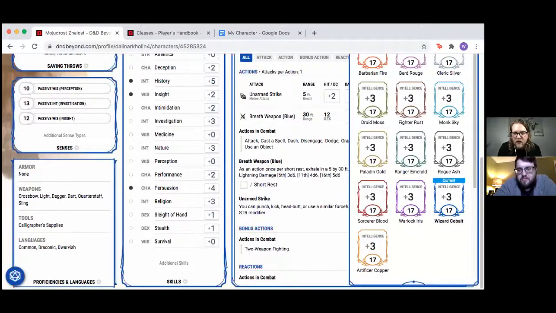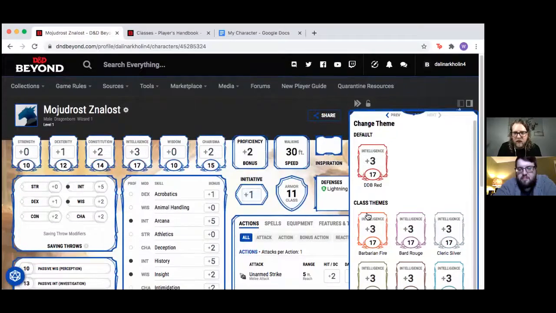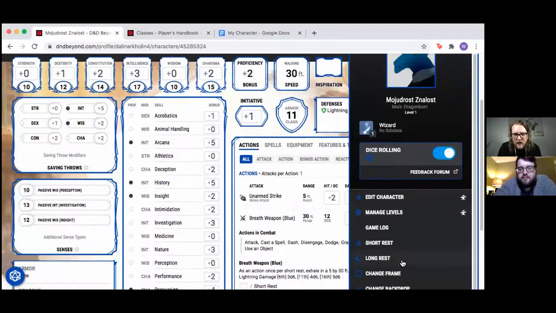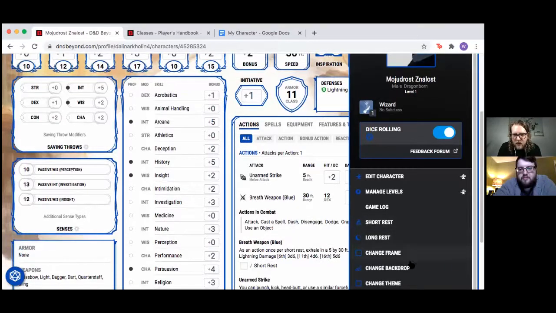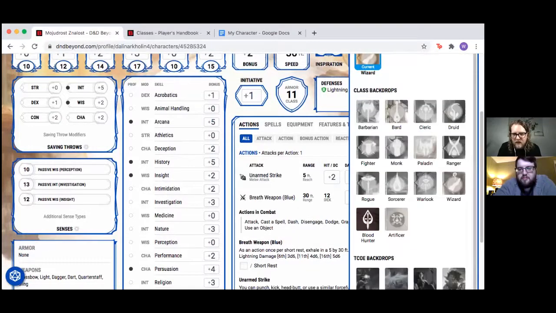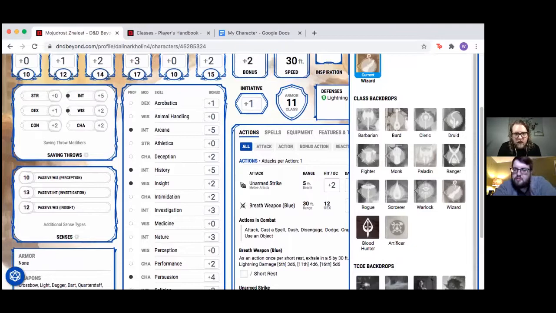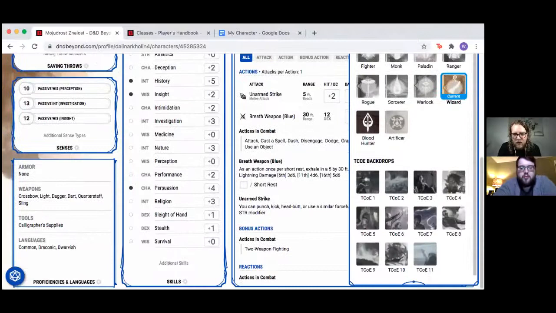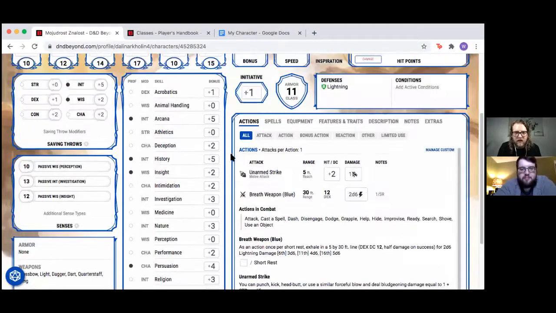I want it to be blue. That looks pretty cool. And then, let's see, do I want to change the backdrop? Maybe. Let's see. It's probably already set to wizard, because that's what I am. That looks really cool. Excellent.